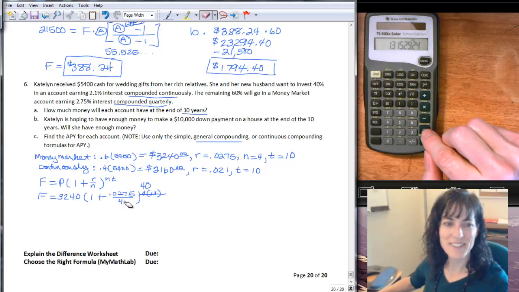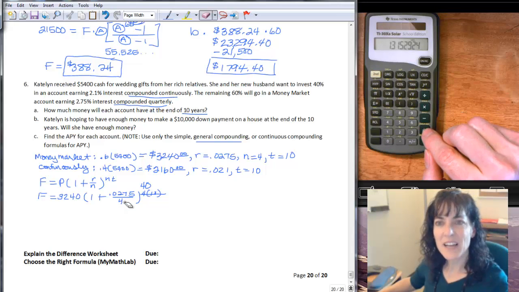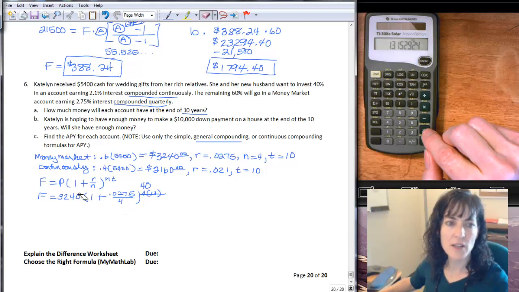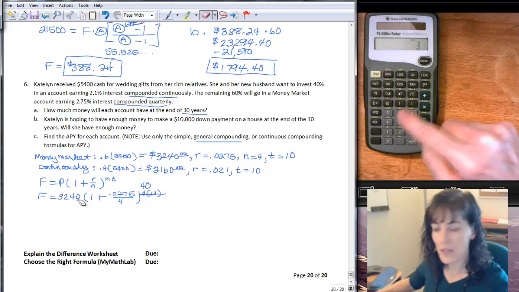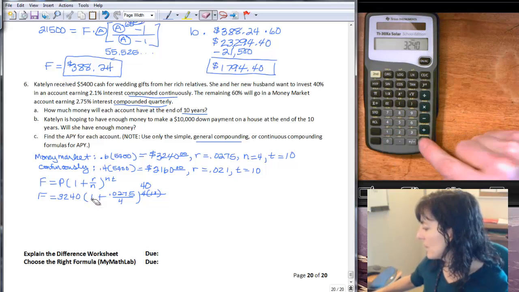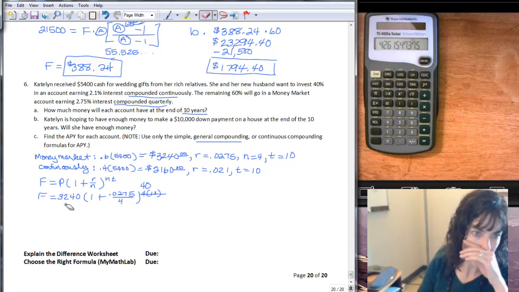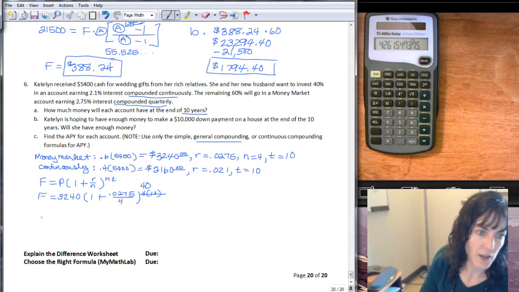It takes a minute for this calculator to get it. And I have 1.31529, and it goes on. Last thing is to multiply by the 3240. And there is my F for this account.